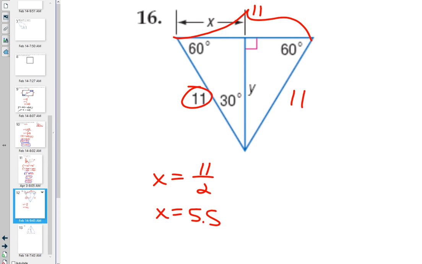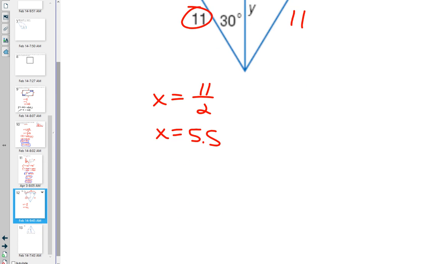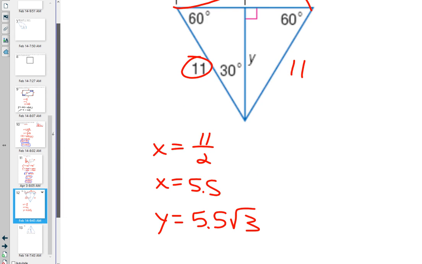And then how do you go? The y is acting as the long leg. How do you go from short leg to long leg? Yeah, they have to find both x and y.